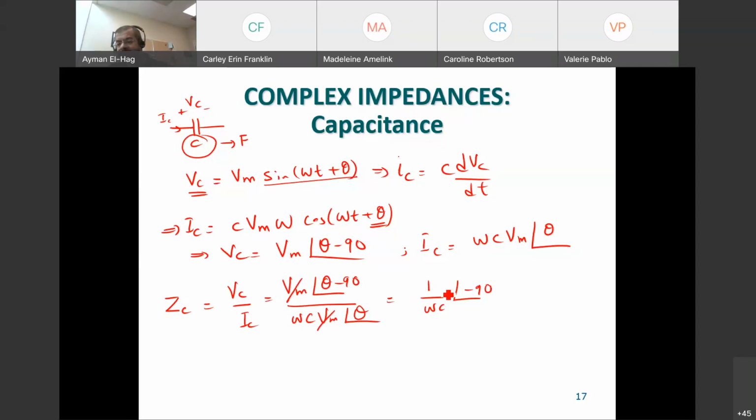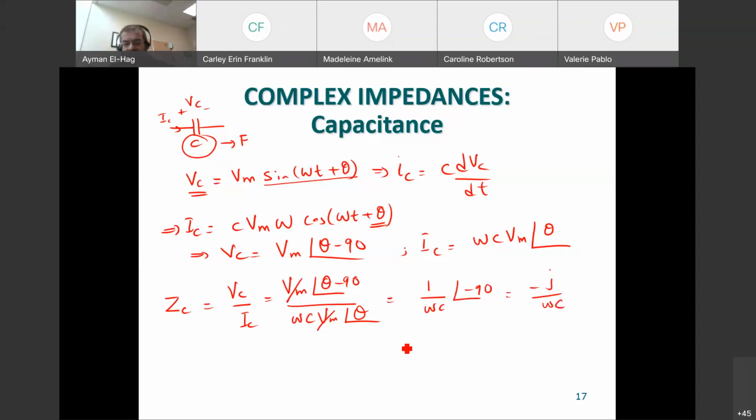Now we can represent this in different ways. So we can say that this is equal to minus j over omega C, because one angle of minus 90 is nothing but minus j. Same thing what one angle of 90 in the inductor, it is just a j. So if it is minus 90, it becomes minus j.